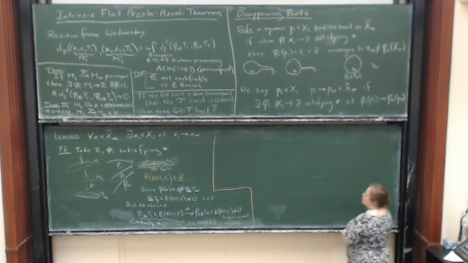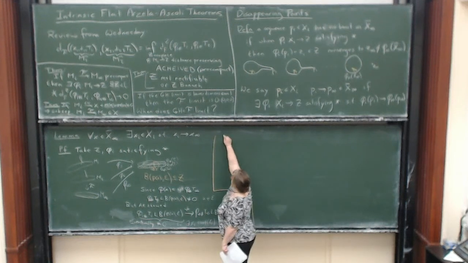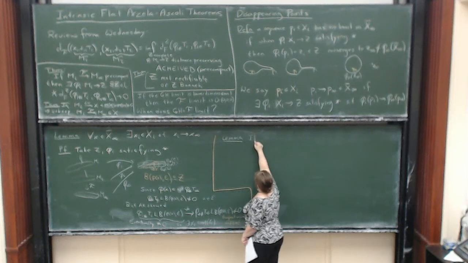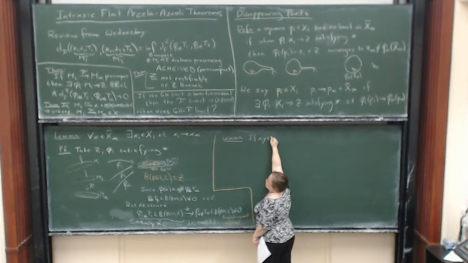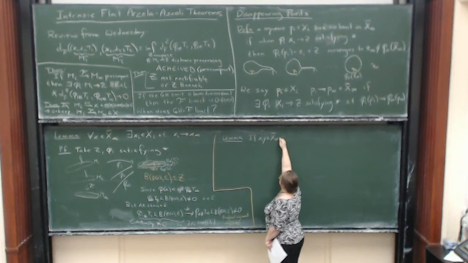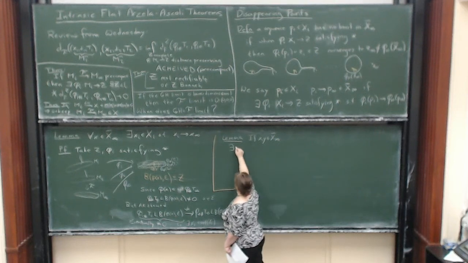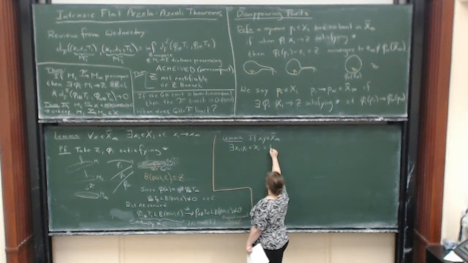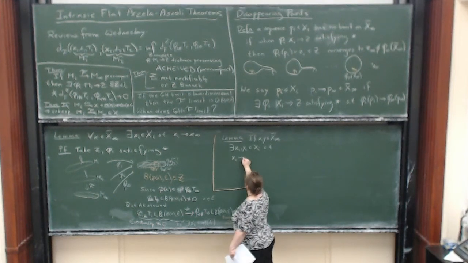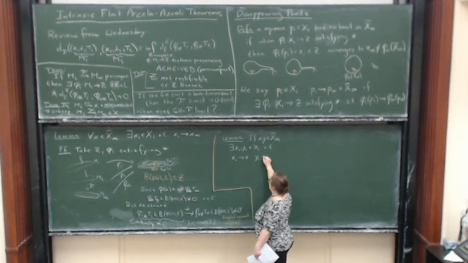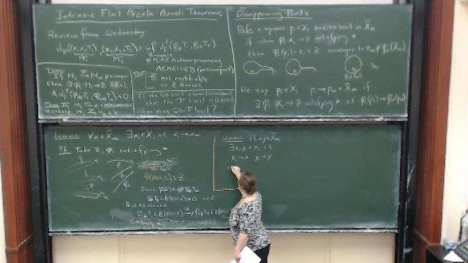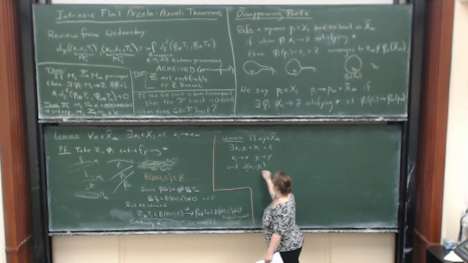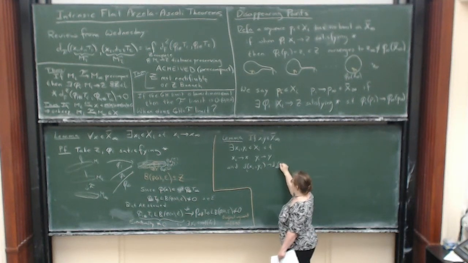And without much more effort, you can say that if x and y are in X bar infinity, there exist x_i and y_i in X_i such that x_i goes to x, y_i goes to y, and the distance between x_i and y_i converges to the distance between x and y.